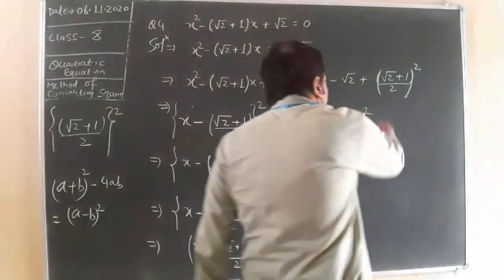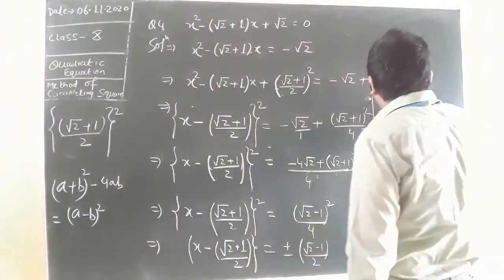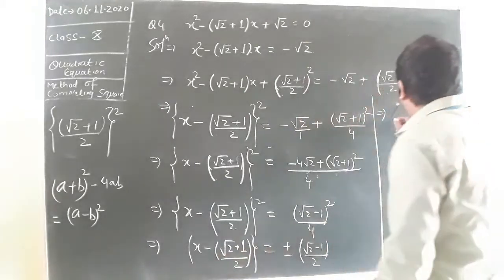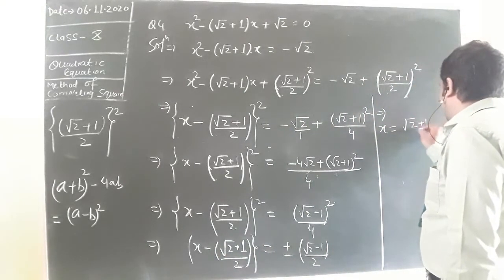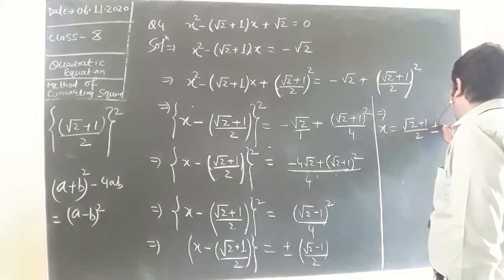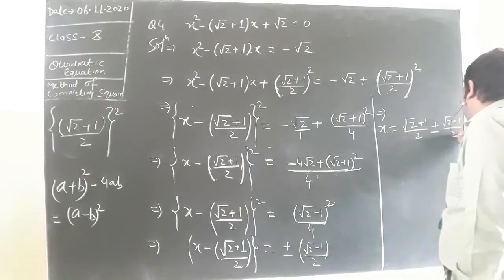Now for finding the value of x, first you have to transfer this term. So x will be root 2 plus 1 divided by 2 plus minus root 2 minus 1 divided by 2.